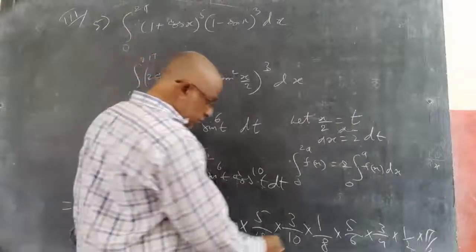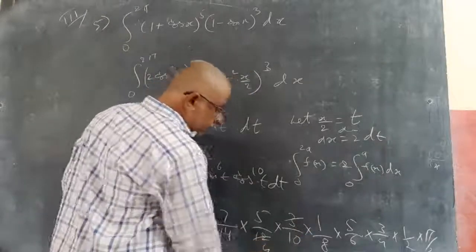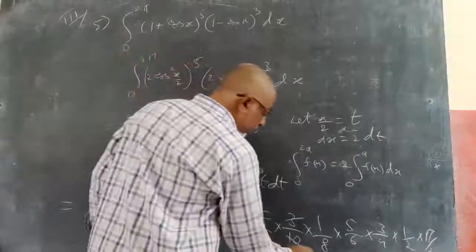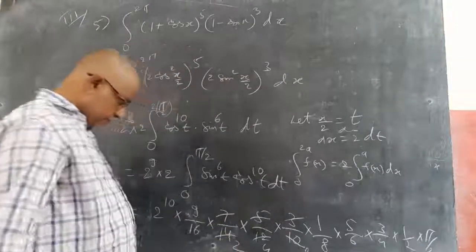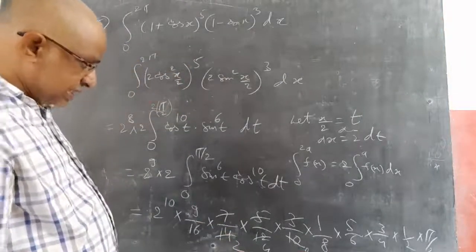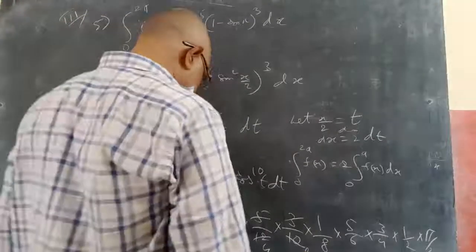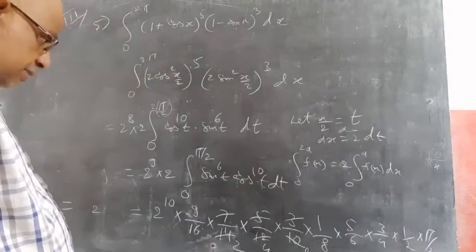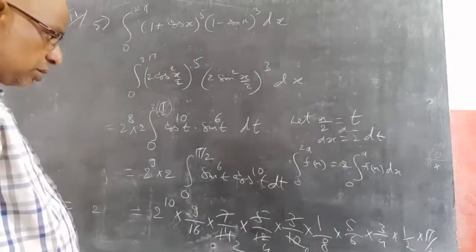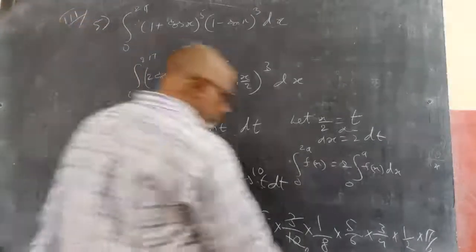Many times cancellation happens. 3 4s are 12, 5 2s are 10, 7 2s are 14. Any more cancellations we can? Only this much. Okay, 3 2s are 6.